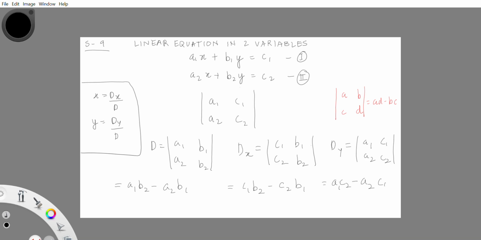Now all of this is a direct way of understanding how to get x and y. Now we're going to see how to find the value of x. As we can see, x equals dx upon d and y equals dy upon d.